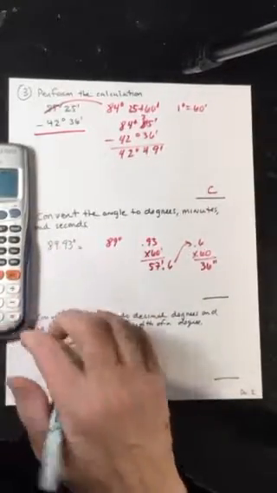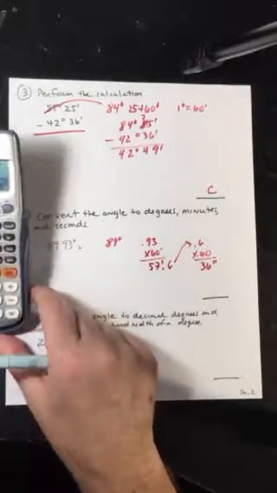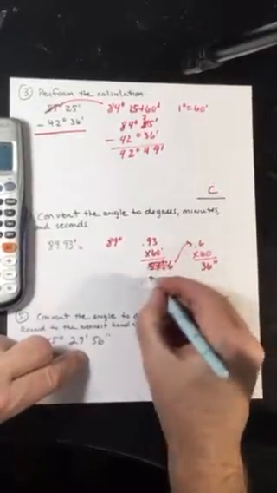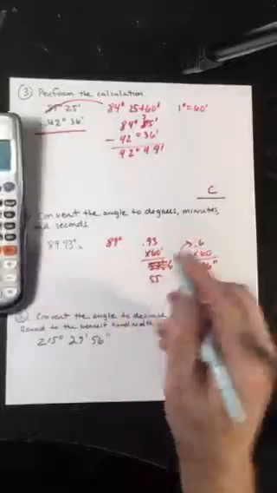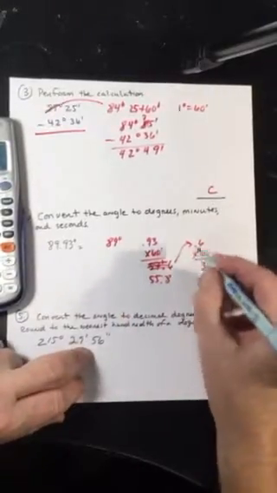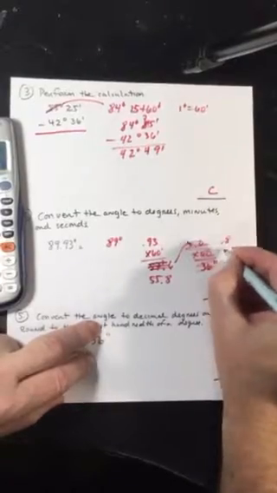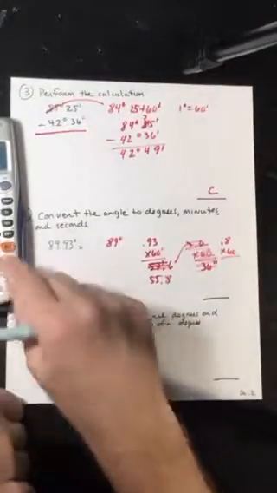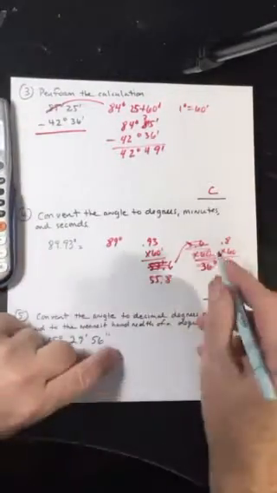Could be a mistake here. 0.93 times 60 is 55. Sorry about that. That should be 55.8. Cross that out there. We're going to take that 0.8 times 60. So 0.8 times 60, that gives me 48 seconds.